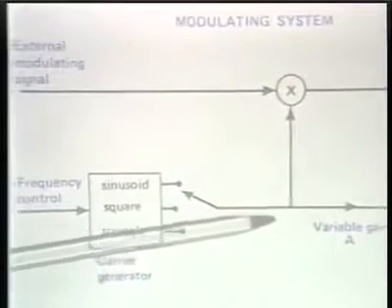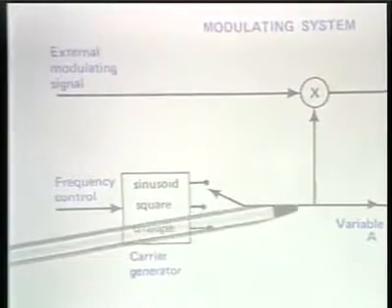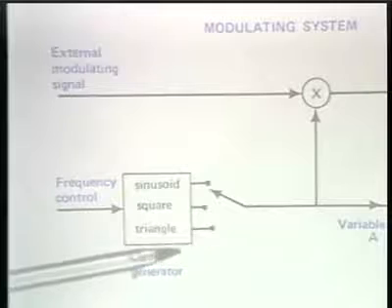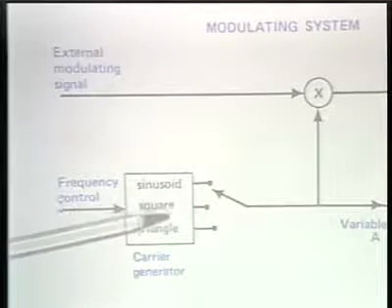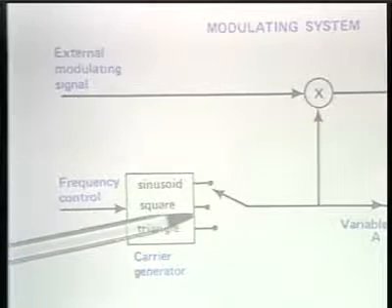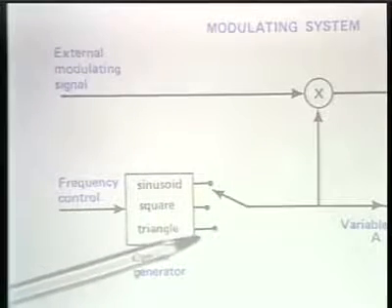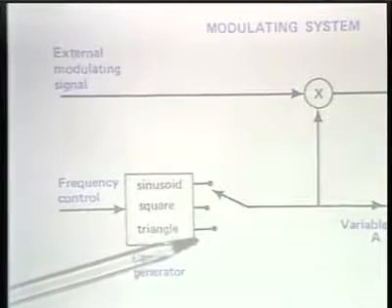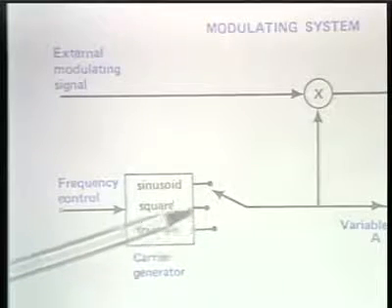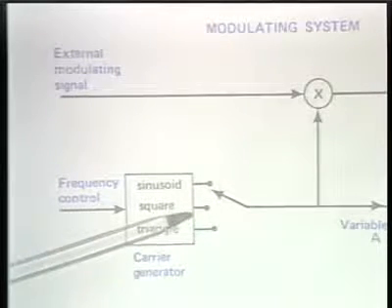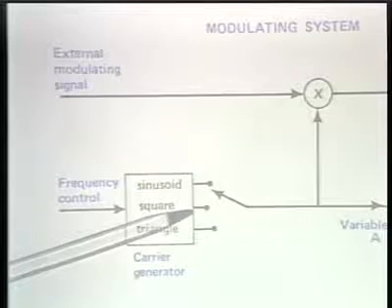Now, in addition to sinusoidal modulation, for the particular system that we're using, we have somewhat more flexibility. We can use, in addition to a sinusoidal carrier, a square wave carrier or a triangular carrier, and as we'll indicate in a moment when we illustrate this, there are some specific advantages to using, for example, a square wave carrier.